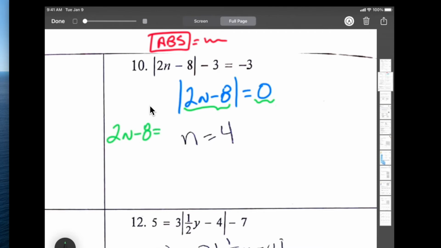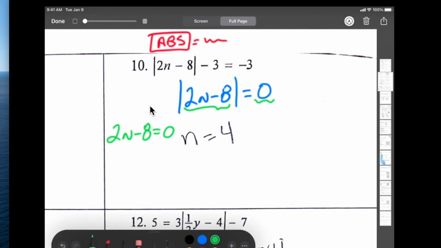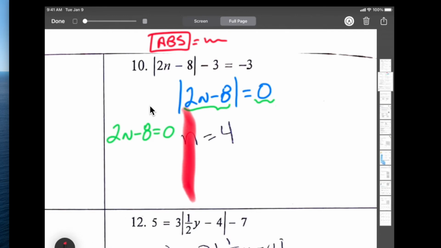Okay, so far so good, and in addition, I'm going to put a line here.